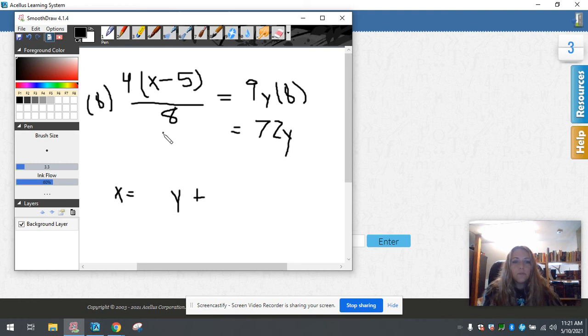Equals 4 times x minus 5. Now, I am going to distribute the 4. So 4 times x is 4x minus 4 times 5 is 20.